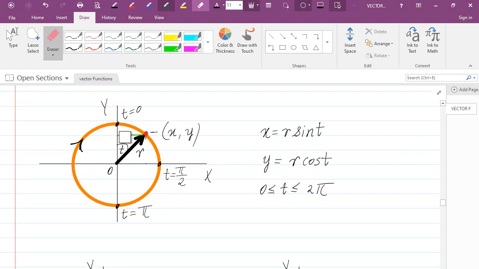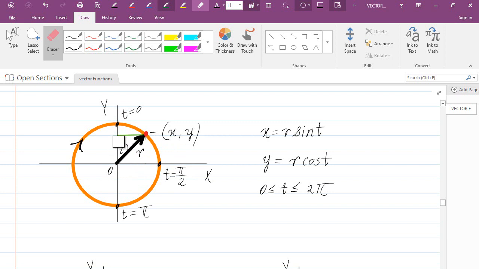Why is that? Well, this time the meaning of t is different. Previously t was the angle between the position vector of (x, y) and the positive x-axis. Now I'm taking t to be the angle between the position vector of (x, y) and the positive y-axis.